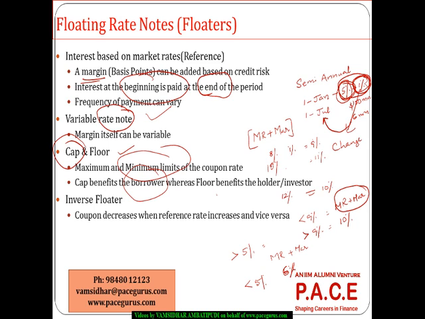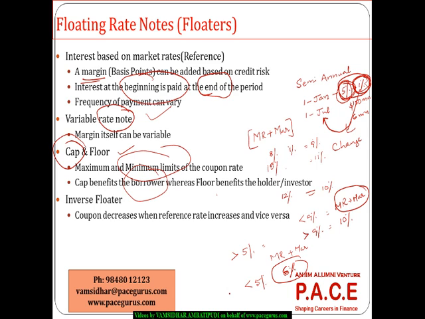We don't go with market rate plus margin. We say that a minimum of 6% needs to be paid, which means this is a benefit to the investor or the bondholder because there is a minimum guaranteed return that the investor is receiving in this particular case. So any instrument, any bond, could be packaged along with a cap and floor also.